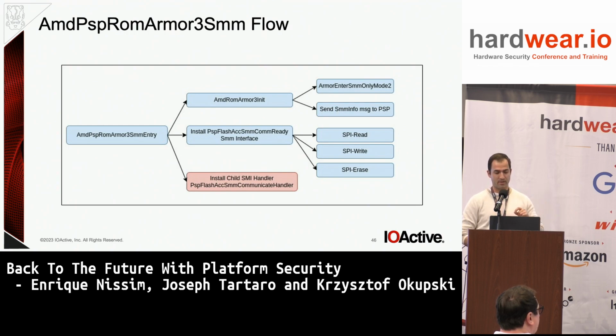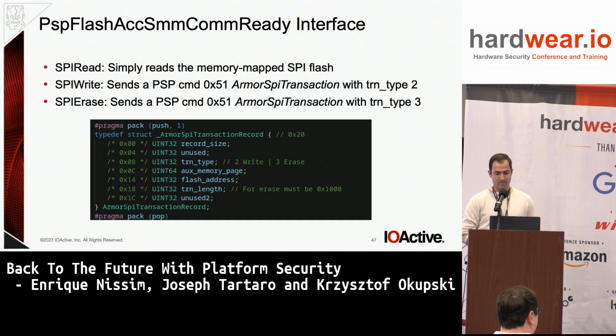And finally we have an SMI handler, which is supposed to be only used by DXE drivers at boot time. During the init, there are two things being done. One is enforcing SMM only mode, and the second is sending a bit of information to the PSP about the SMM region. And that's pretty much it.